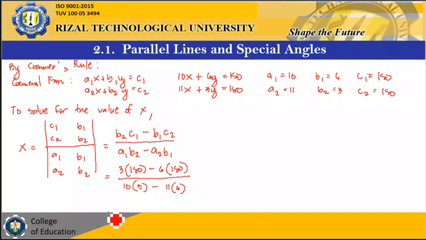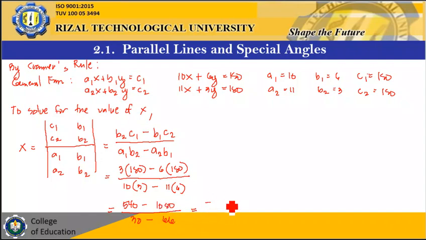Okay? Then simplify: 3 times 180 is 540 minus 6 times 180 is 1080, all over this is 30 minus 66, okay, which is negative.